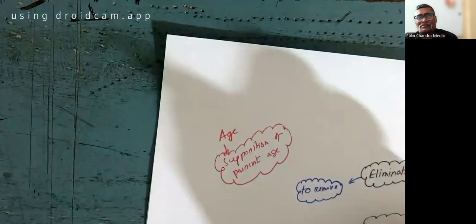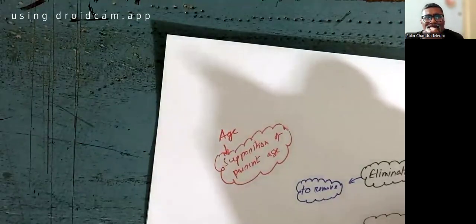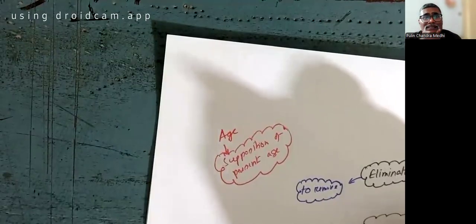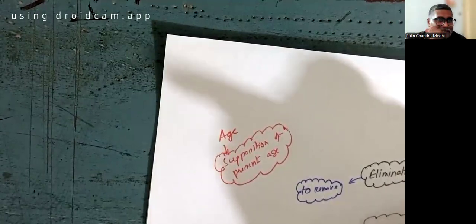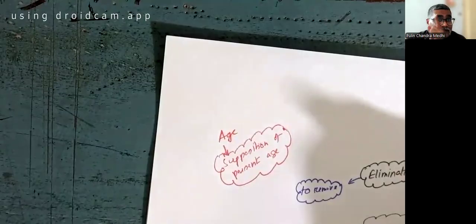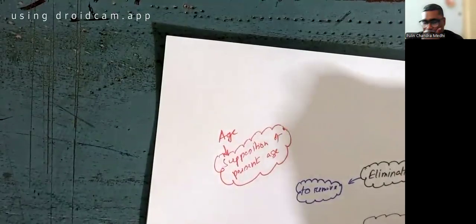Whatever age you consider. For example, if I ask you what is your age, you will never say, sir, my age was 10 years before 3 years. You will not say like that. You will say today's age, present age, right? So whenever you make a supposition, always your supposition is for present age, for 99% of problems. Some exceptions may be there.